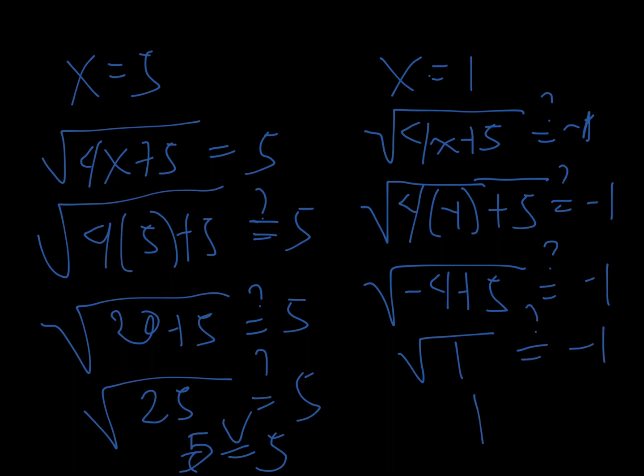So the square root of 1 is not equal to negative 1. After checking, we can say that x equal to negative 1 is an extraneous solution, because x equal to 5 is the only solution. Okay, so that's how to solve radical equations.